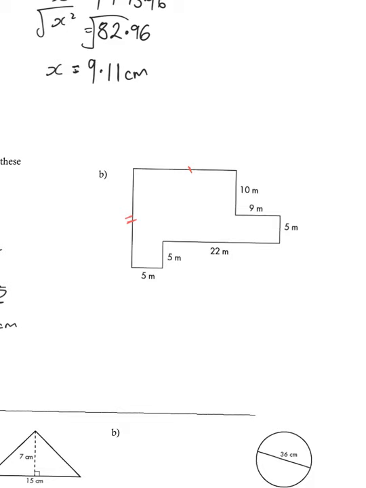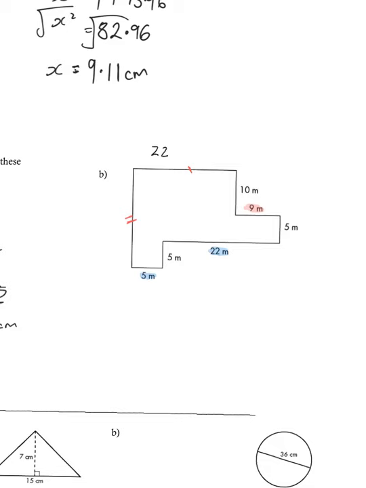Okay, the length on the top, that's going to be this 5 centimetres plus this 22 centimetres. That's going to give us the length all the way across the bottom. But then I've got to minus this 9. I keep saying centimetres, I mean metres. So I've got to add the 5 and the 22 and minus the 9. I'll just do that up here, with the pen.